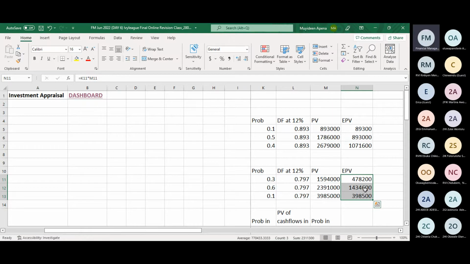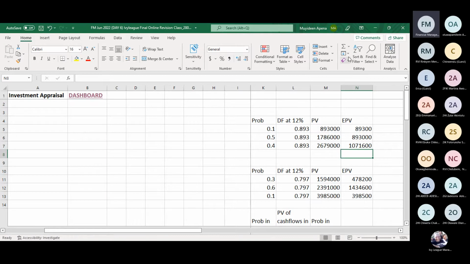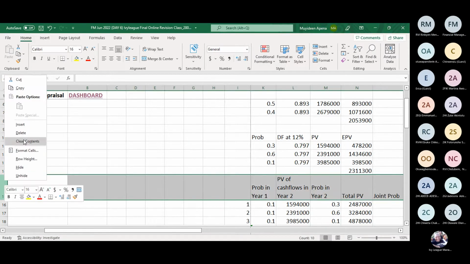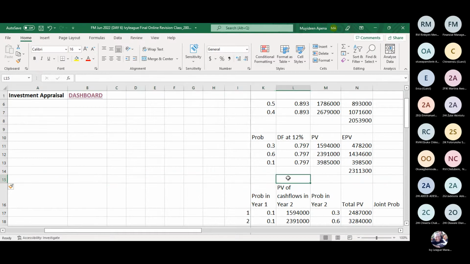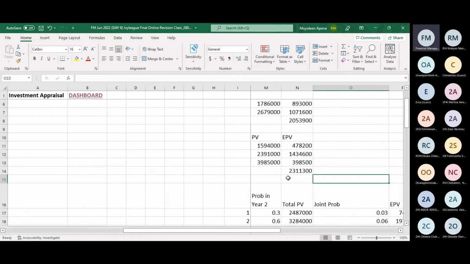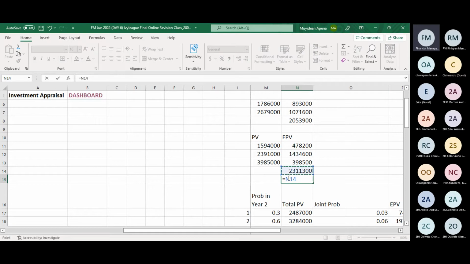And what do you do eventually? You sum the present value in year one, and you sum the present value in year two. Then you say the expected net present value is equal to the sum of the expected present value minus the initial investment.